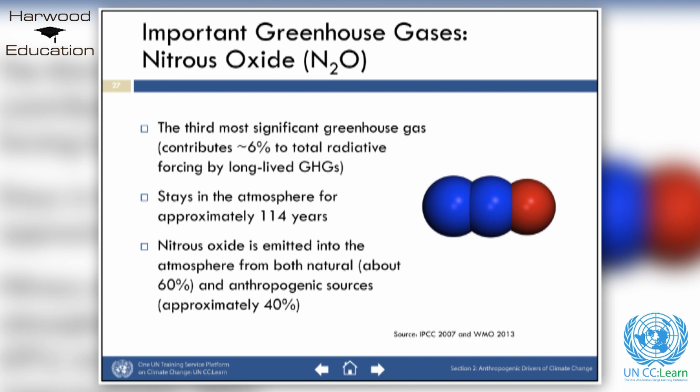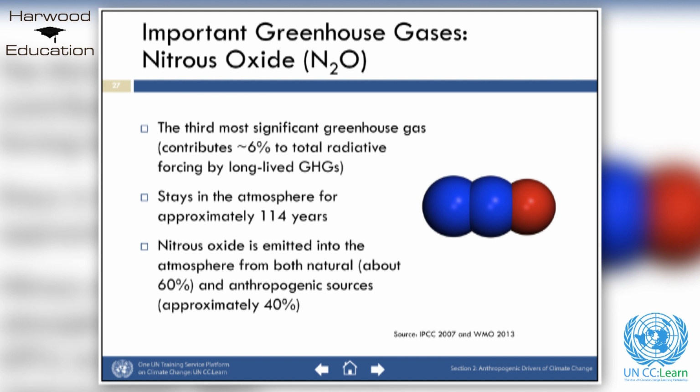It is estimated that N2O stays in the atmosphere for an estimated 114 years. Its impact on climate over a 100-year period is 298 times greater than equal emissions of carbon dioxide. It also plays an important role in the destruction of the stratospheric ozone layer, which protects us from harmful ultraviolet rays of the sun.